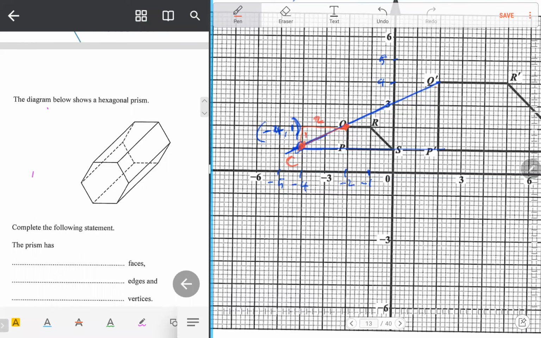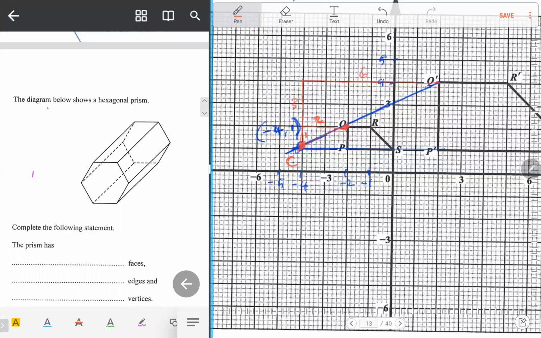So if you triple that to make a scale factor of 3, you rise 3, run 6. 1, 2, 3, 4, 5, 6.